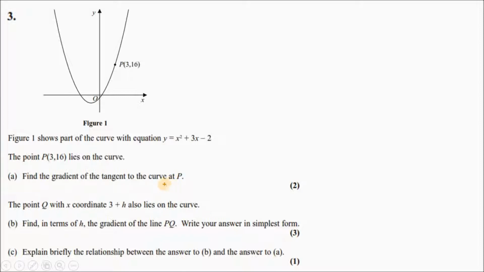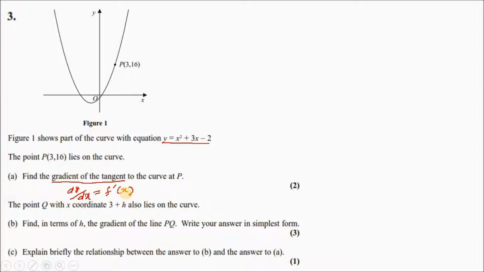Remember, if you are given an equation of a curve like this, and you need to find the gradient of the tangent, the gradient of the tangent is nothing but the derivative of the function, dy by dx, or you can say f dash of x.